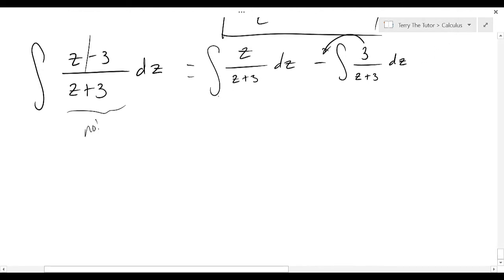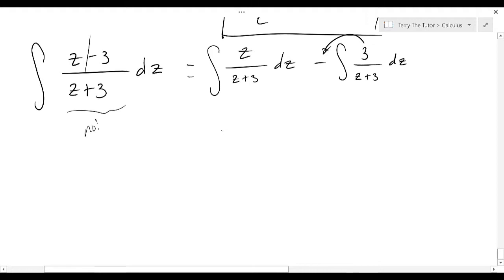The reason is because u substitution, as you saw, didn't work. If I set u equals z plus 3, du equals dz, and it doesn't work out because that z in the numerator messes up the u sub. But if we do some long division, we can change the way it's written and integrate it pretty nicely.